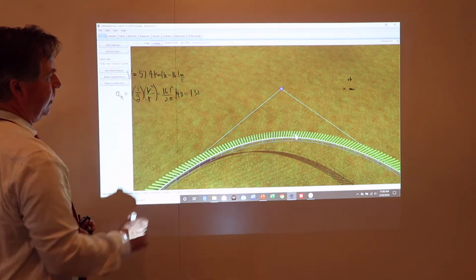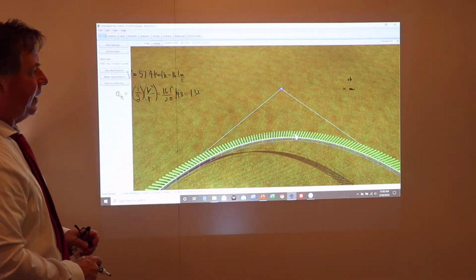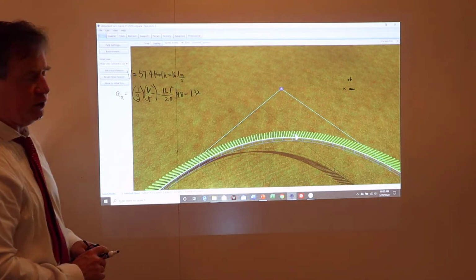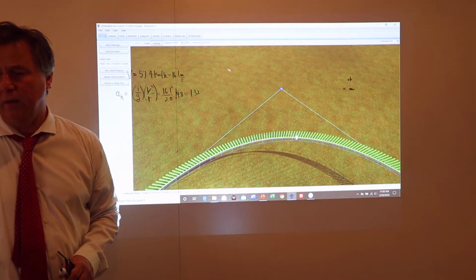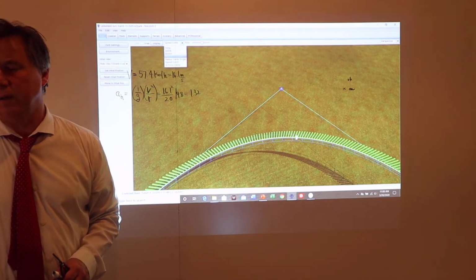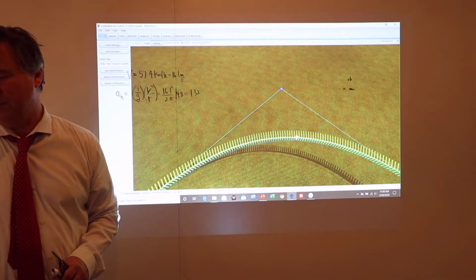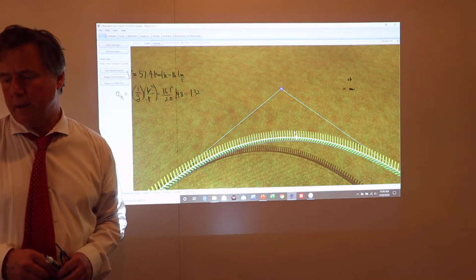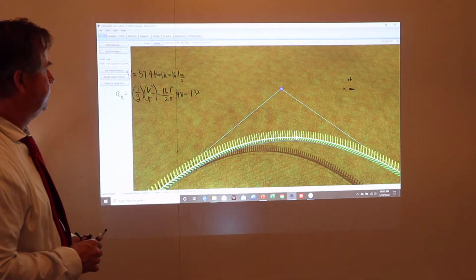So 16.1 squared divided by 20 divided by 9.8 is 1.32. That's the number of g's. If I click on the g-force cone here, which tells me the number of g's, I get 1.3 lateral g's, and I get vertical g's of 1g.